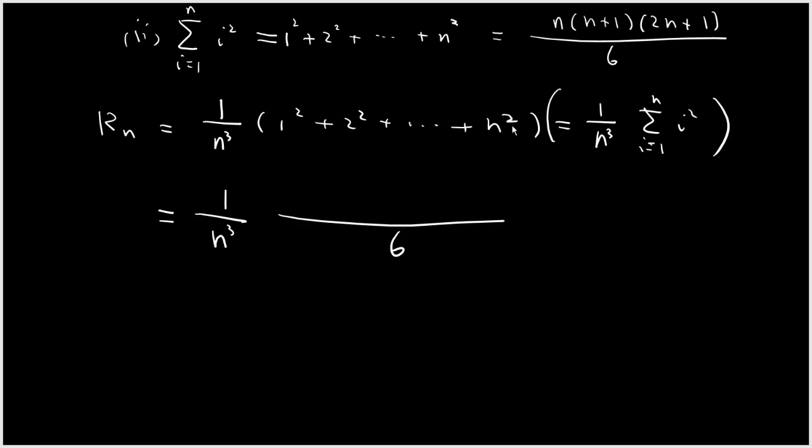I'm going to replace that with n times n plus 1 times 2n plus 1 over 6. This is the Riemann sum. Do you see the Riemann sum is in a nice closed form?